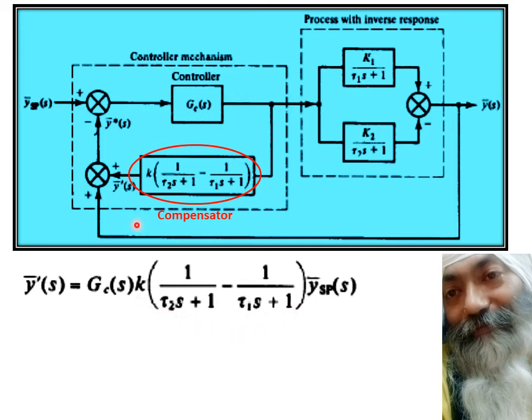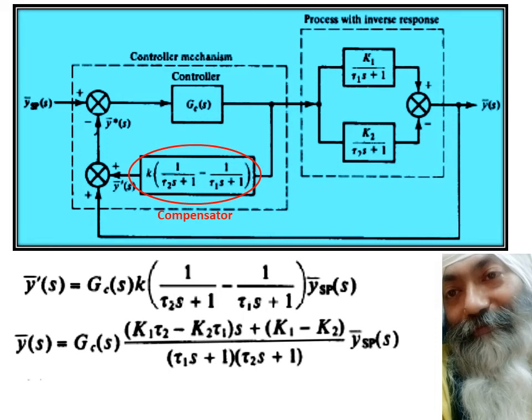Output of this will be given by y dash. And if you recall what was y, the open loop response of the process without compensator, this y was given by this formula which we had taken in the previous slide.